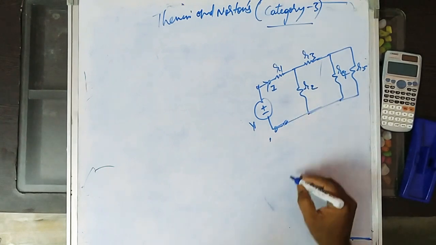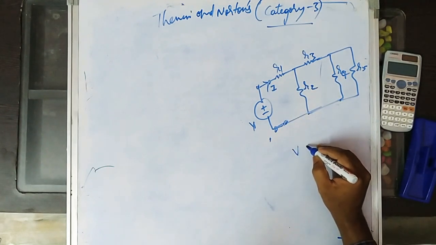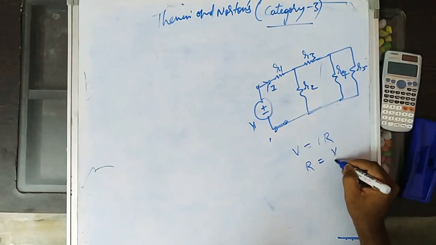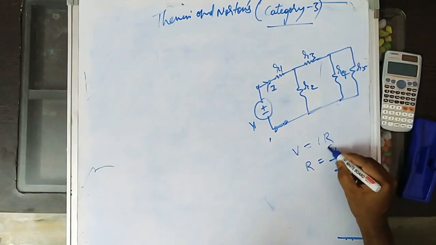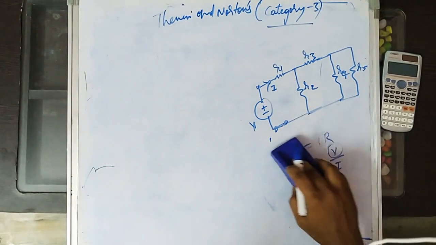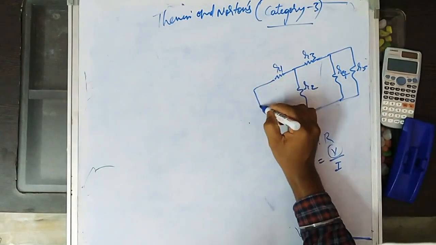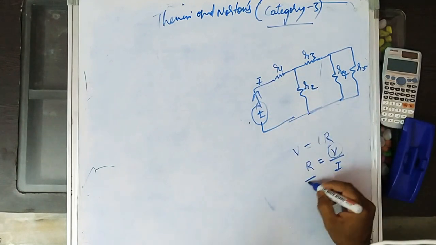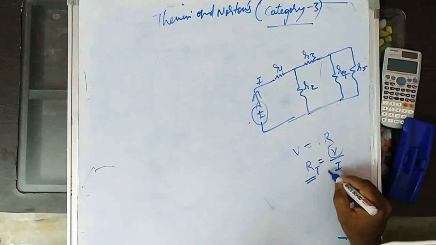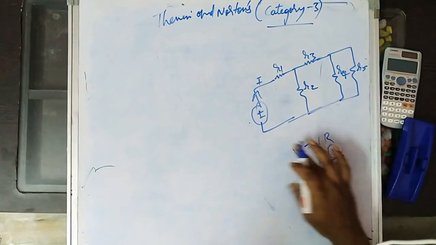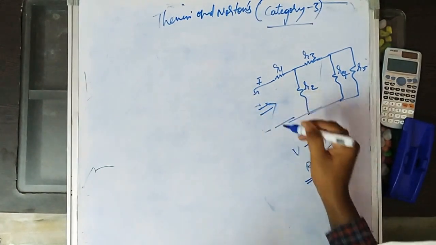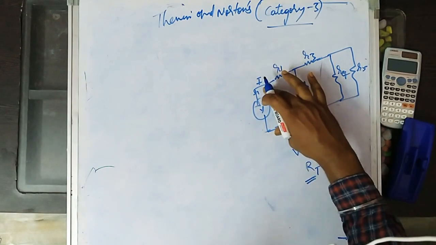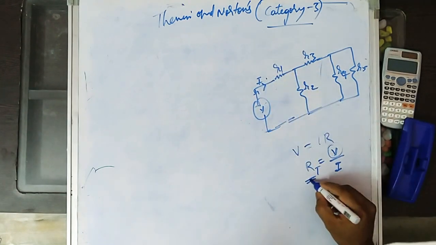Resistance, according to Ohm's law, V equal to IR. If you want resistance, you need V and I, so they attach a voltage source and find the response. By Ohm's law, RT equals V by I. Instead of finding the total resistance the conventional way, you simply attach a voltage and, from the response, you get RT.